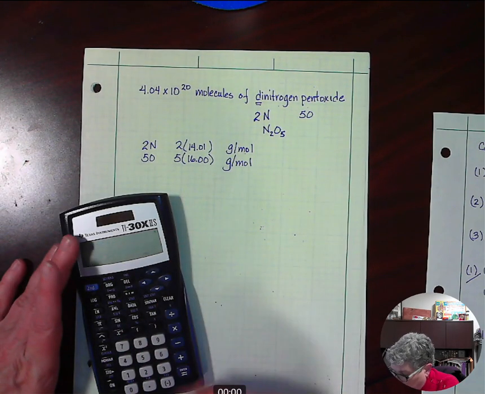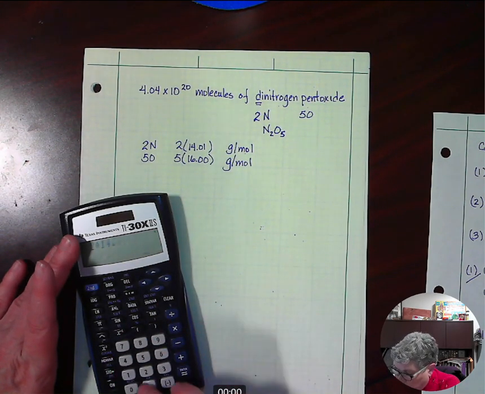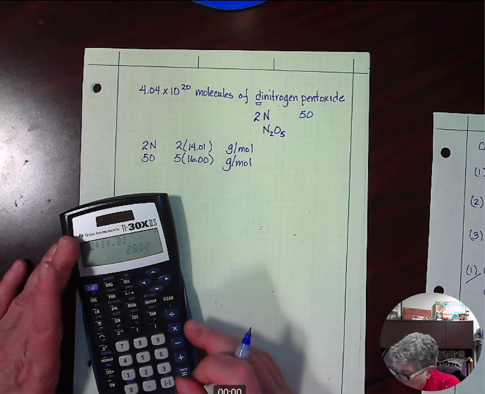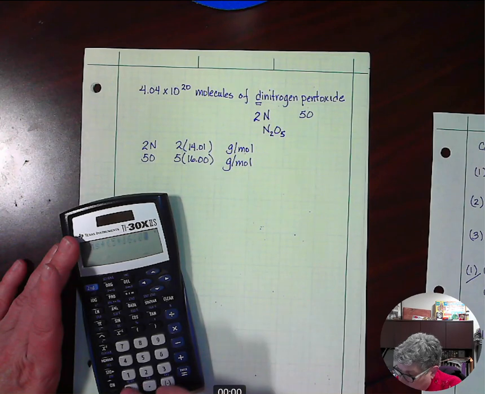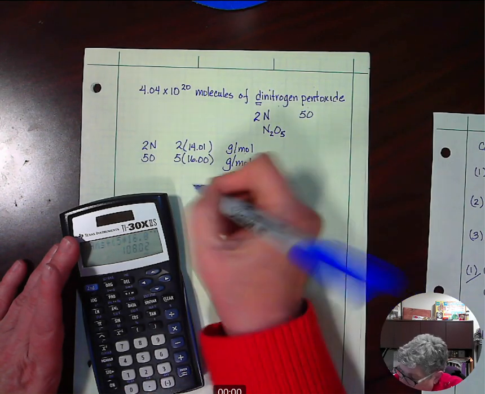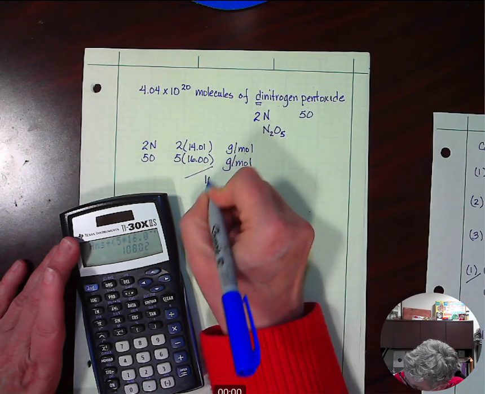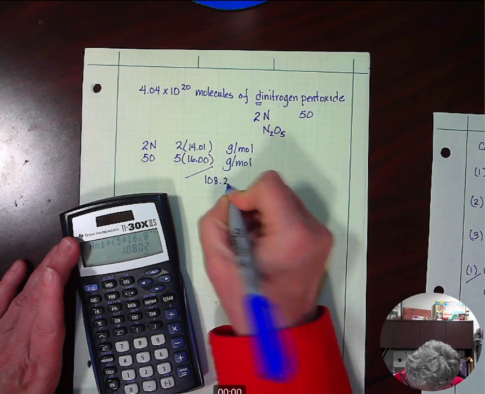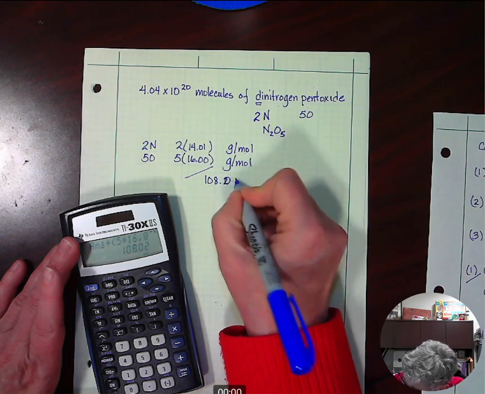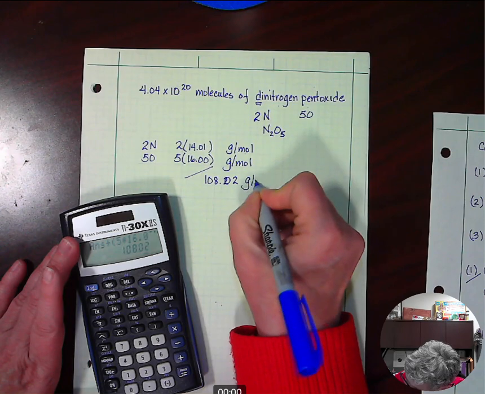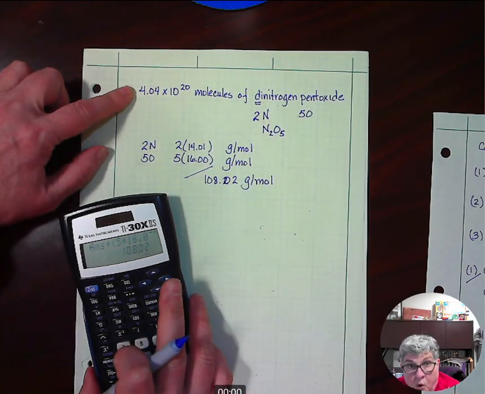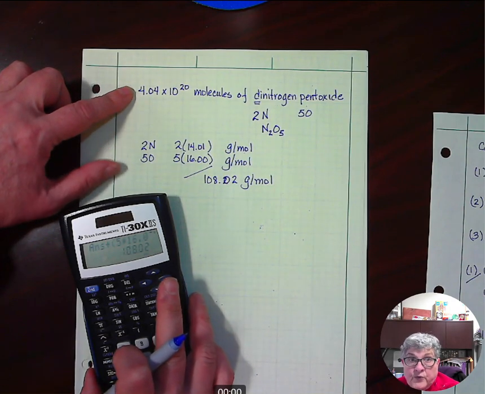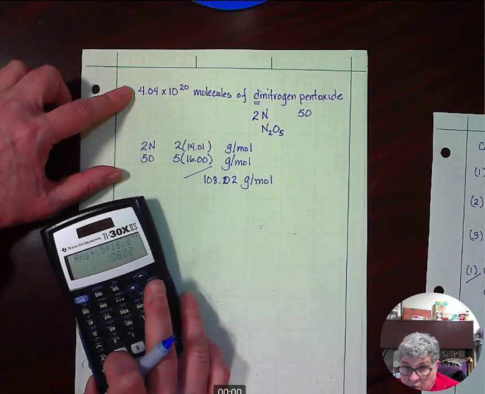So I'm going to go ahead and do my calculation. 2 times 14.01 plus my 5 times 16.00. This gives me 108.02 grams per mole.